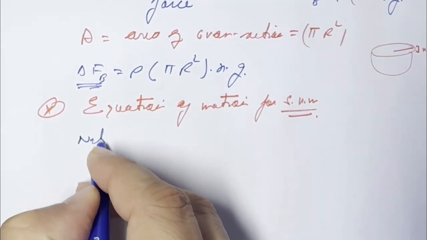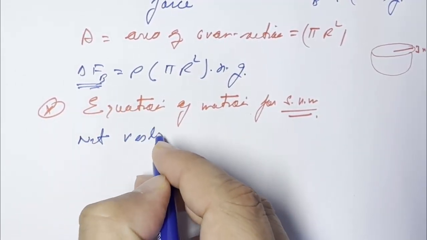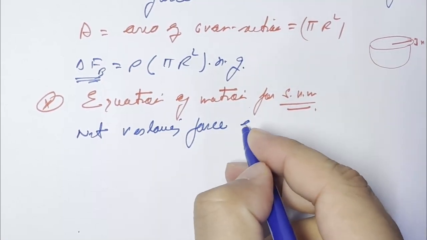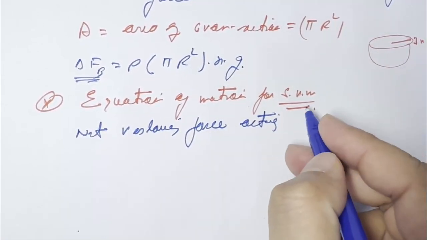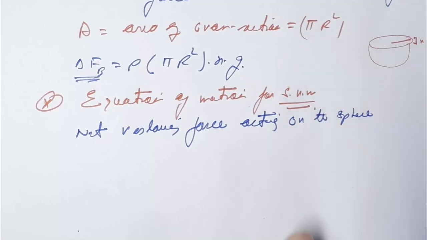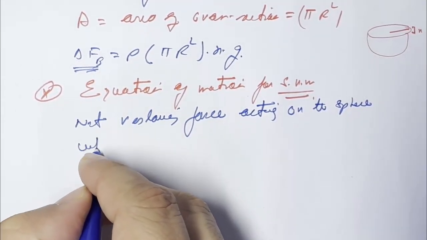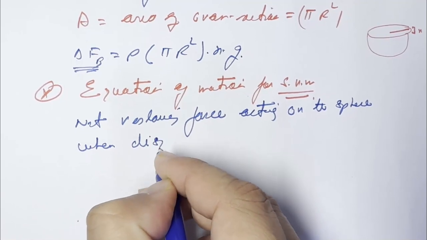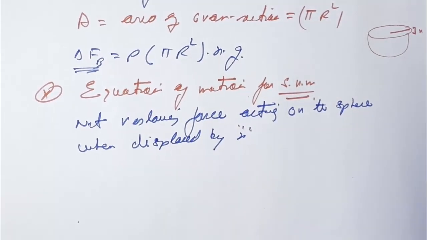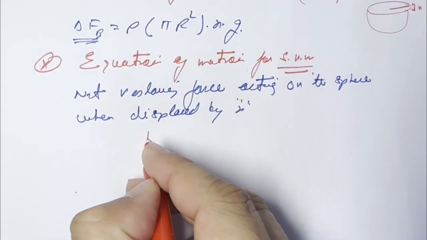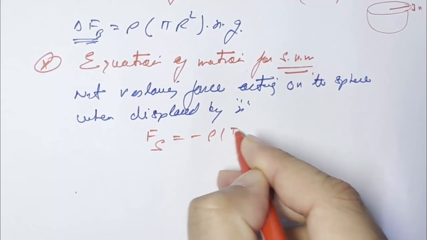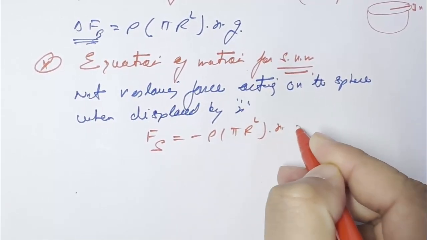So net restoring force acting on the sphere when displaced by x, let us suppose that is given as Fs, which will be minus rho pi r square x multiplied by g.